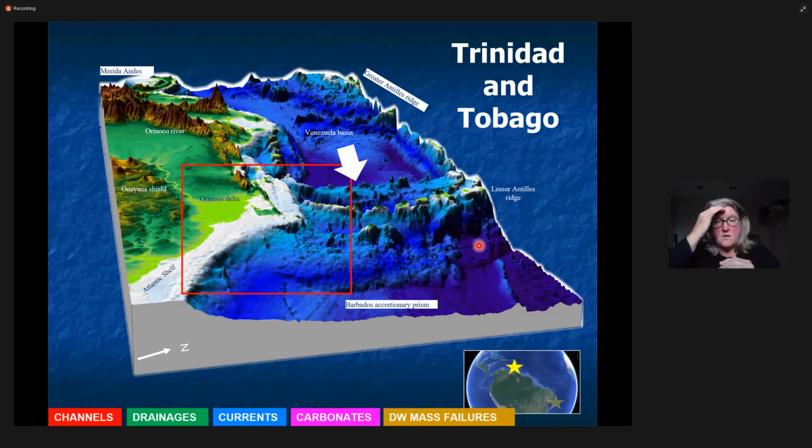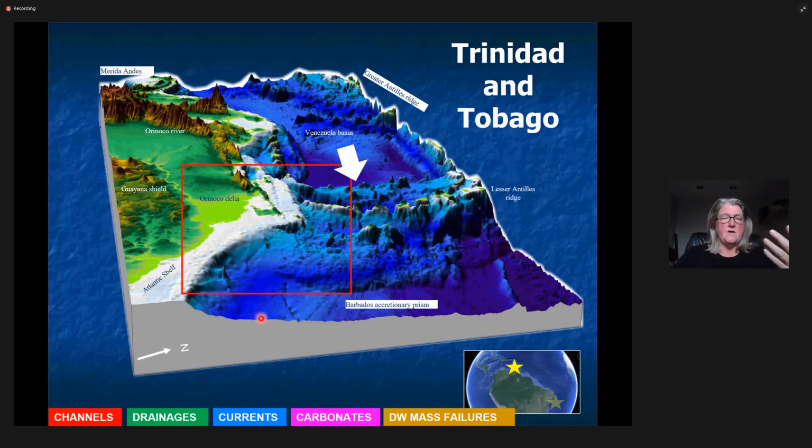The last system I want to go through, and you know that mass failures are very near and dear to my heart, but we've come to realize and appreciate the importance of deep water mass failures and lacustrine mass failures, both carbonate and clastic marine mass failures. And so we're still doing a lot of research on those systems, and seismic geomorphology has been a boon in understanding the nature of these systems.